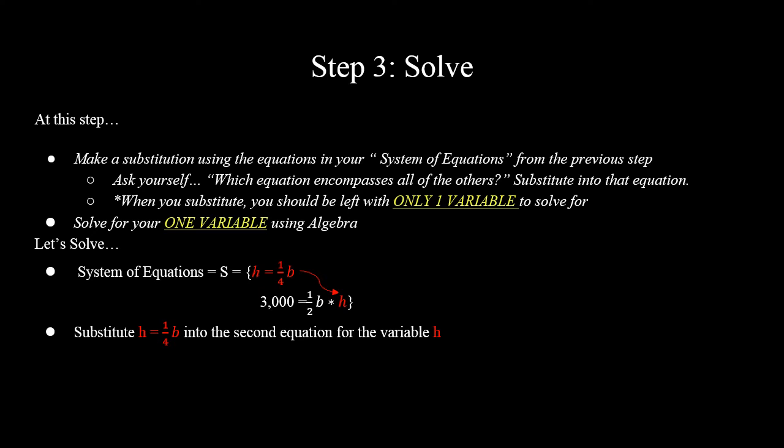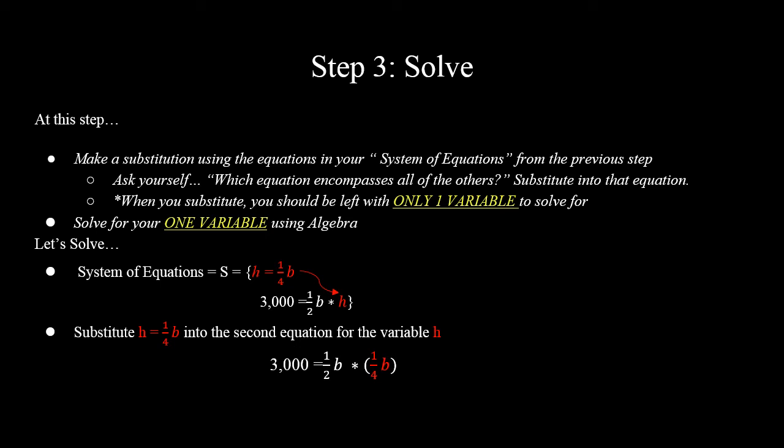I'm going to take 1/4 b and plug it right in where I see that h, which gives me now 3,000 equals 1/2 base times the entire quantity, 1/4 b. All I did was I knew that the height equals 1/4 times the base, right? We called the height h, so anywhere I see an h in that second equation, I can plug in 1/4 b, which is exactly what I did.